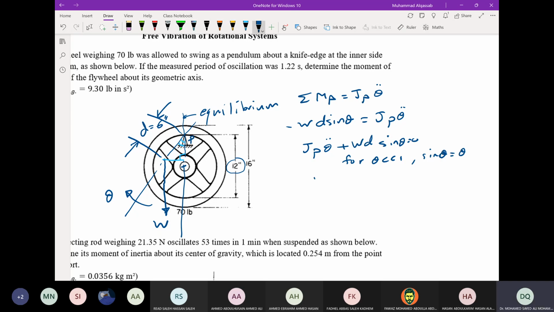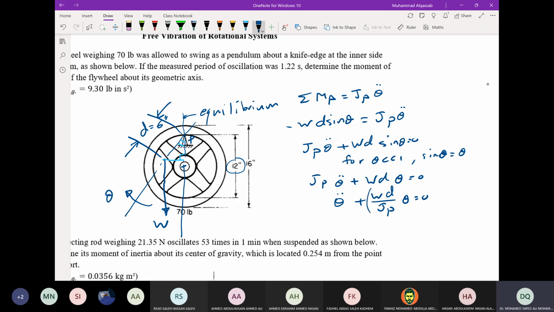Then this becomes J_P theta double dot plus WD theta equal to 0, or when you divide by J_P, theta double dot plus WD over J_P theta equal to 0.